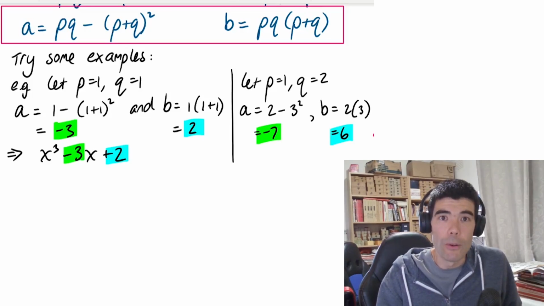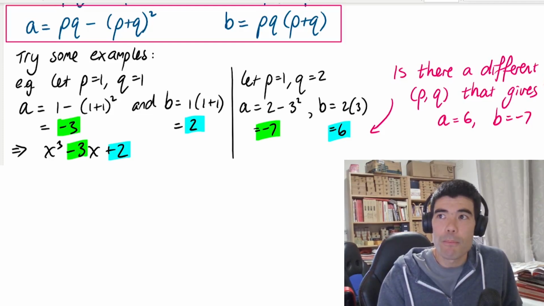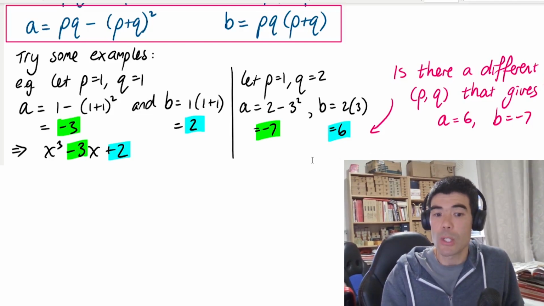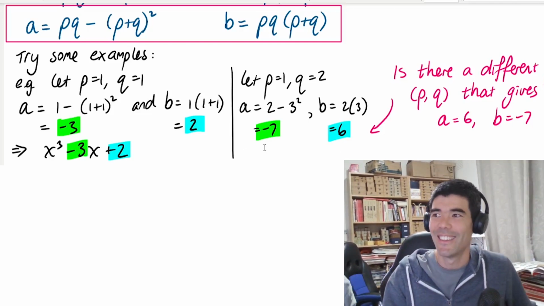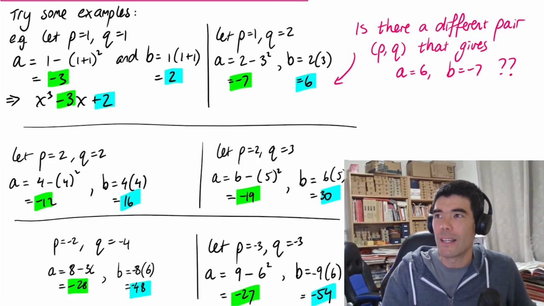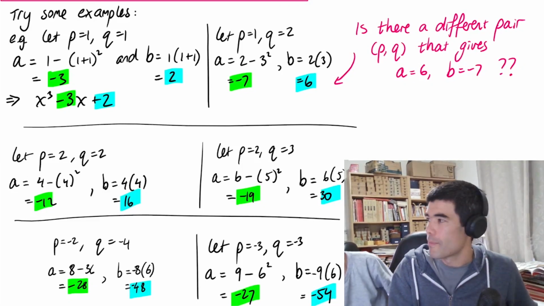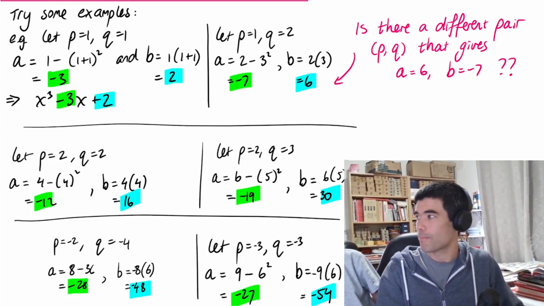But what we're looking for in this problem is to find out whether there's a different pair of integers p and q that gives a is 6 and b is negative 7. Like that we can swap these around and still get a solution. So we'll look at some more examples and see if we can notice any patterns here as to why or why not we might get any more solutions.